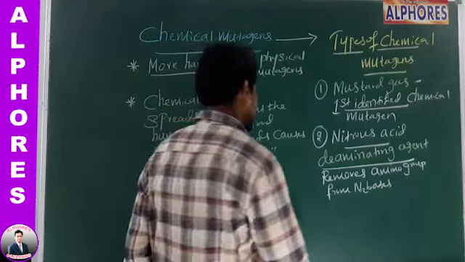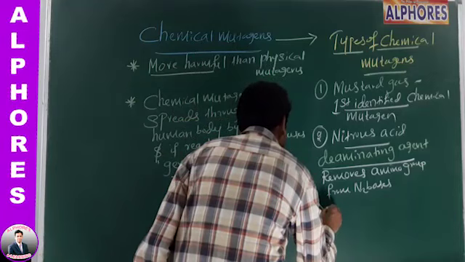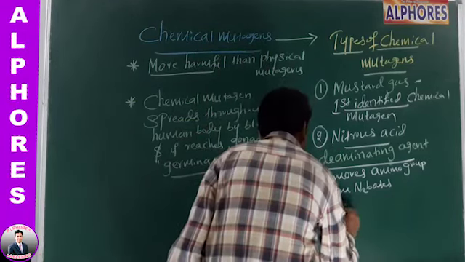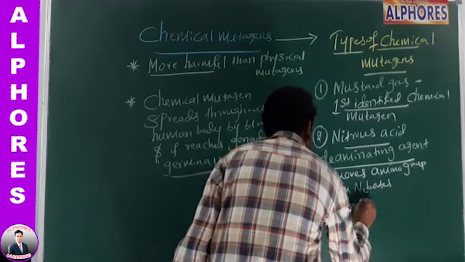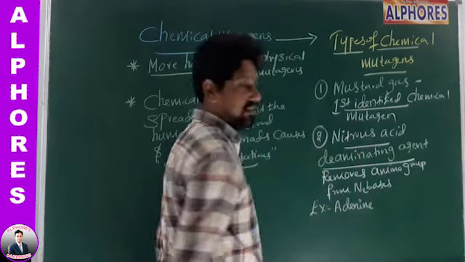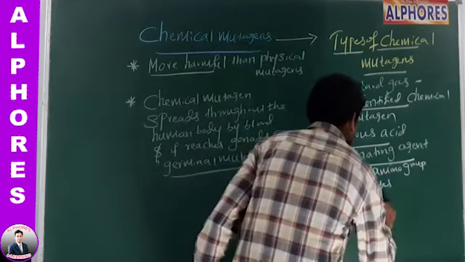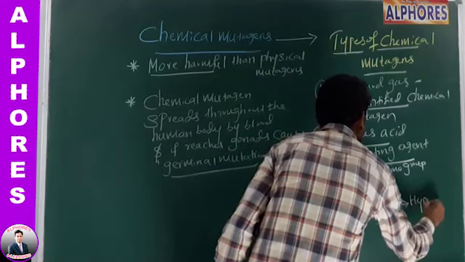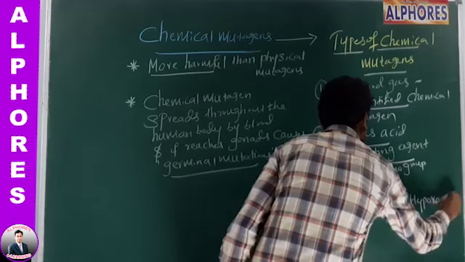For example, take adenine. If adenine undergoes deamination, hypoxanthine is formed.